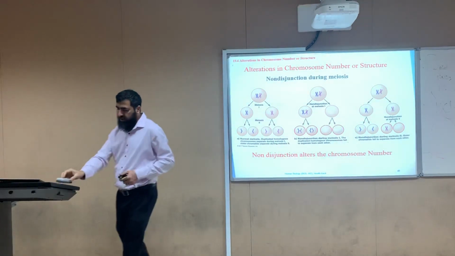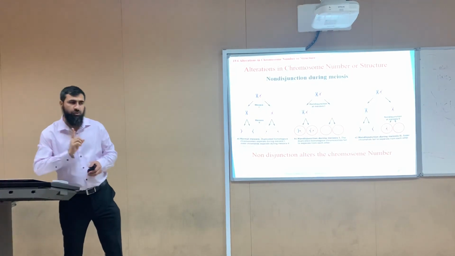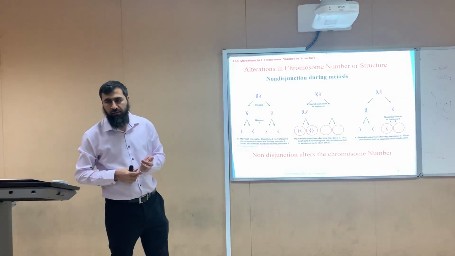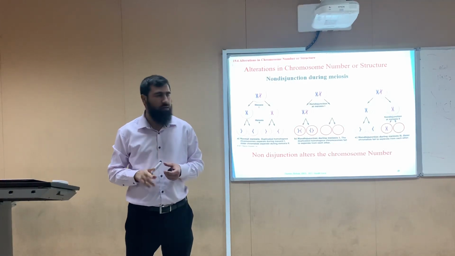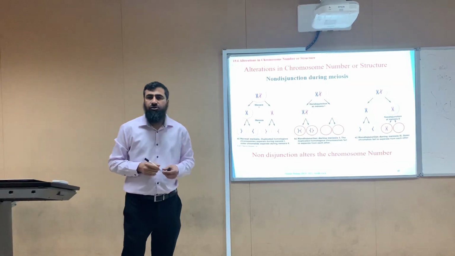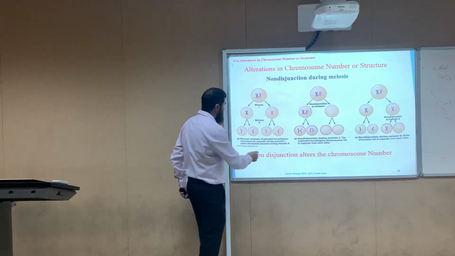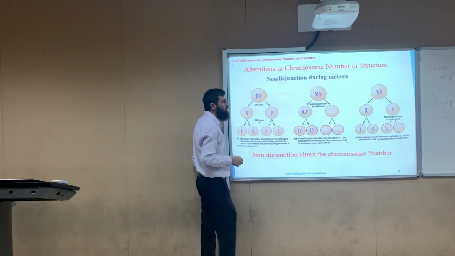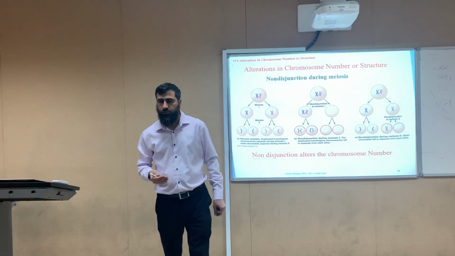So we talked about how you get gametes in meiosis. Remember, in meiosis 1, homologous chromosomes separate, and in meiosis 2, sister chromatids separate. But sometimes they fail to separate, and we call this non-disjunction of the chromosomes, or failure of the chromosomes to separate.